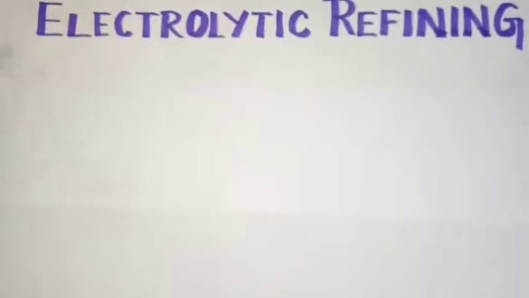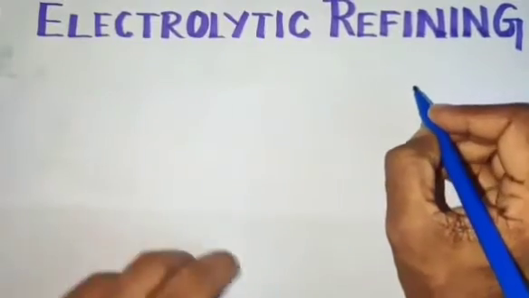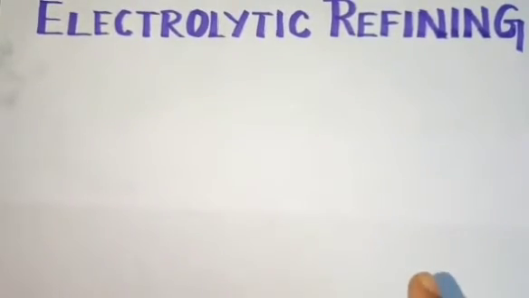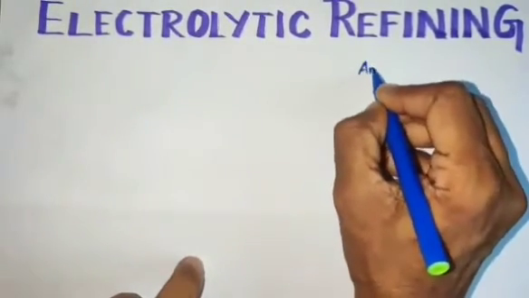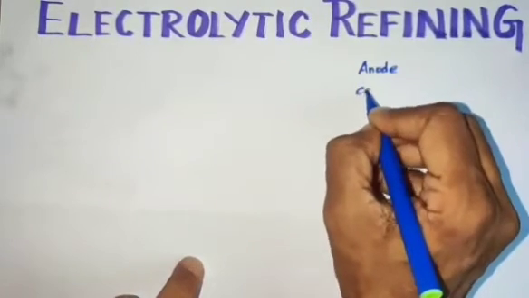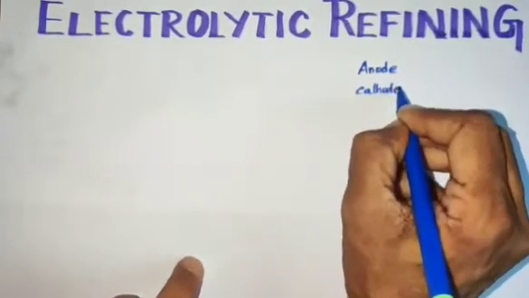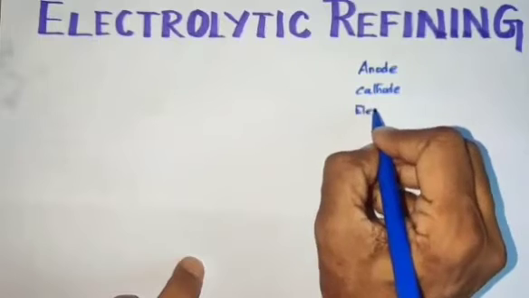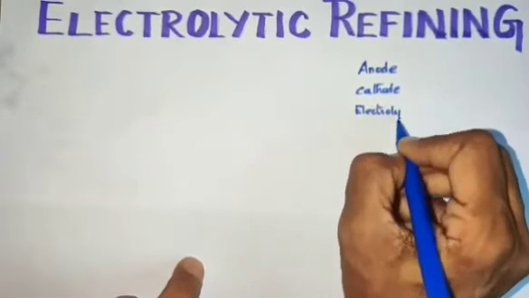Next is electrolytic refining. The crude metal is refined by electrolysis. It is carried out in an electrolytic cell containing an aqueous solution of the salts of the metal. The electrolytic cell needs an anode, a cathode, and an electrolyte.